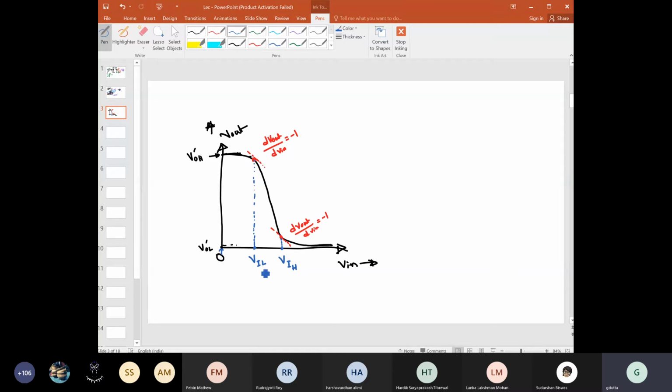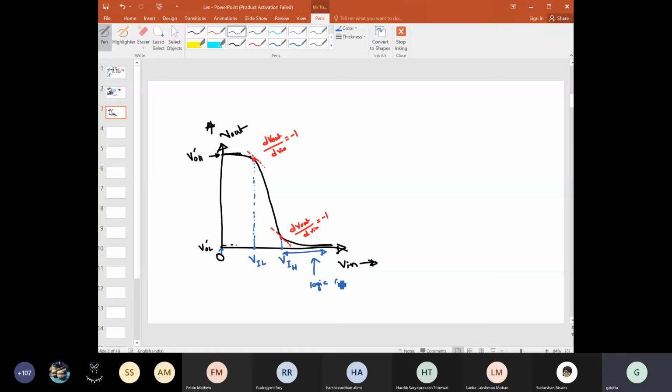And VIH is the voltage for which the output is expected to be low or at logic 0. See here, from here till this point, this is to be considered as logic 0 for the input.